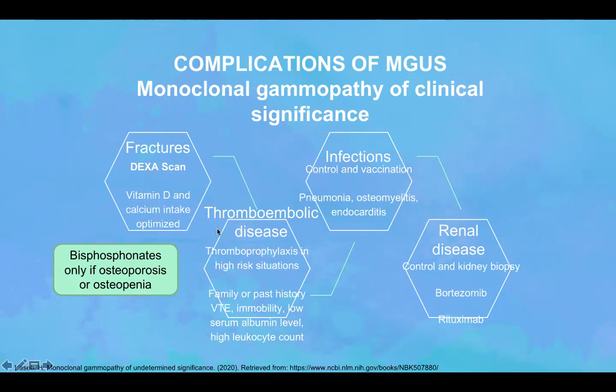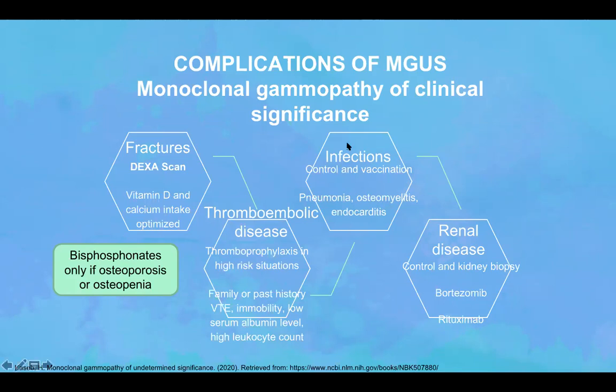Thromboembolic disease is also going to be present in patients in high-risk situations. These patients have a family history or a past history of venous thromboembolism, a history of immobility, low levels of albumin, and high leukocyte count.